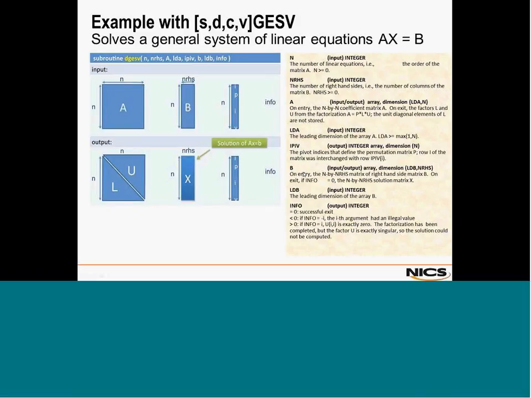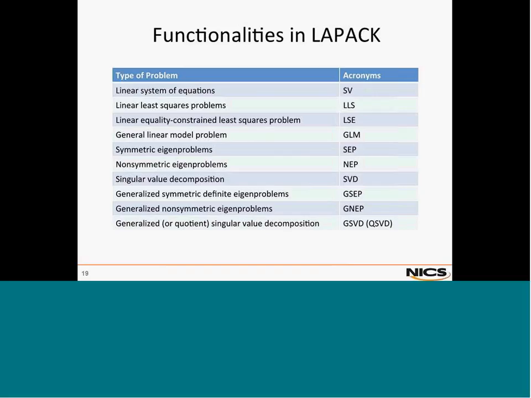B is really a vector, and LDB is the leading dimension of the array B. And INFO indicates whether or not the solve was successful. So to solve this linear equation, you just need to call DGESV, and these are all the arguments that you need to pass in to LAPACK. And then it solves the computation. Pretty simple, you just need to look it up.